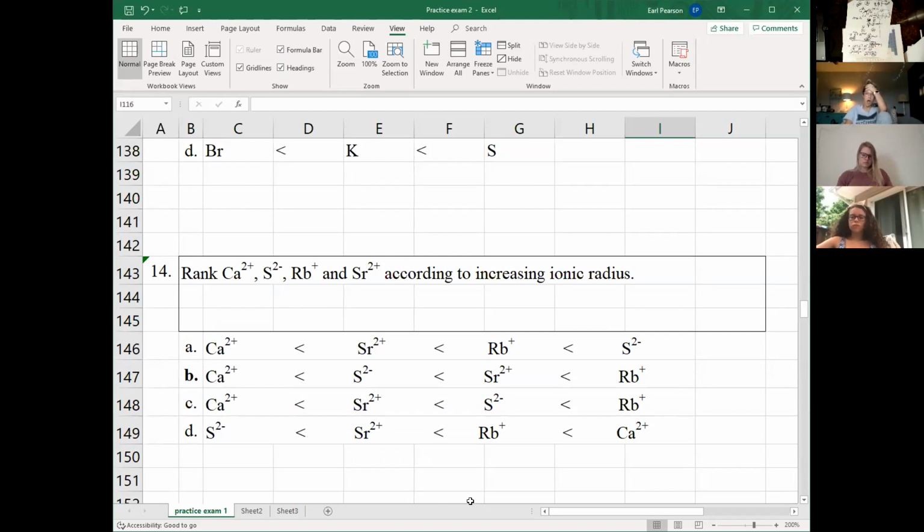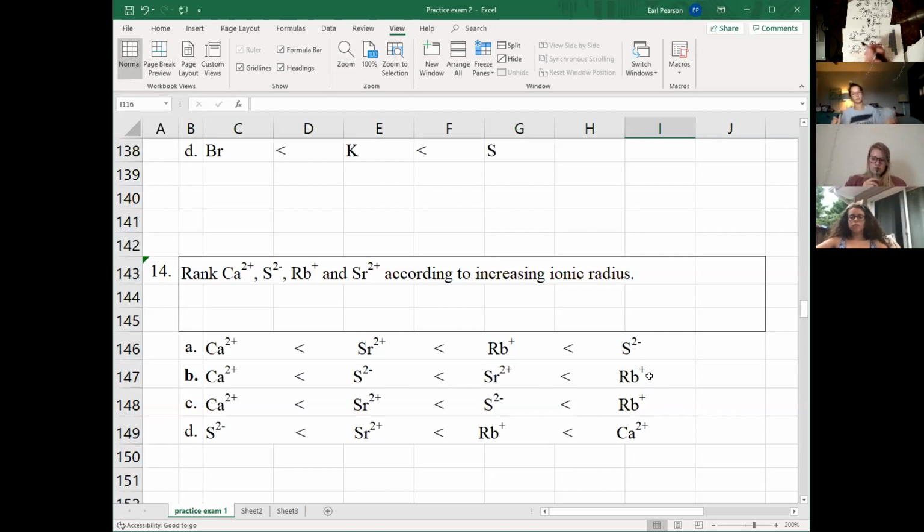So if I'm taking the test, I'm going to eliminate A and D. Calcium's in the right place for these three, but rubidium is in the right place for these two, so I can eliminate A and D. But now I do have to make the comparison for the other ones. Then the next one should be this one, then this one, and then this one largest. So that's the best way to make the comparisons.